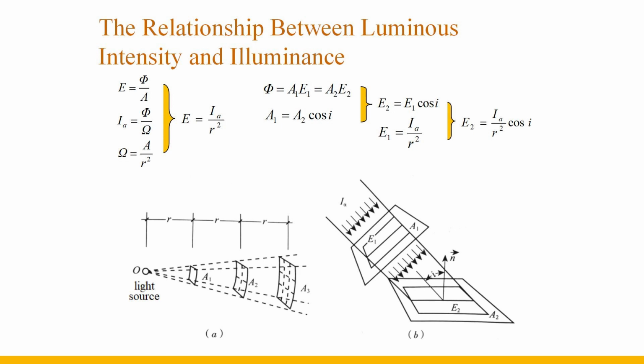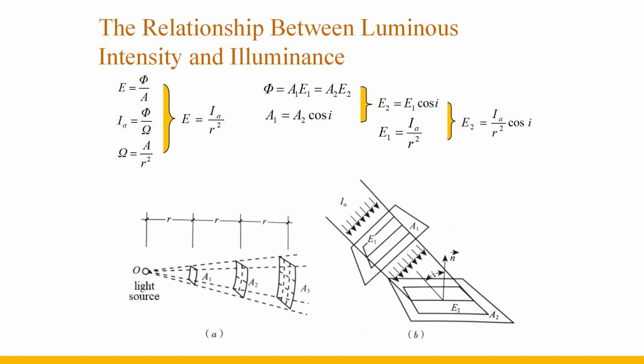As can be seen from figure A, the same light source has the same solid angle, but the illuminated area and the distance from the light source are different. This is the case when the light is perpendicular to the illuminated surface, that is, the incident angle is equal to 0.